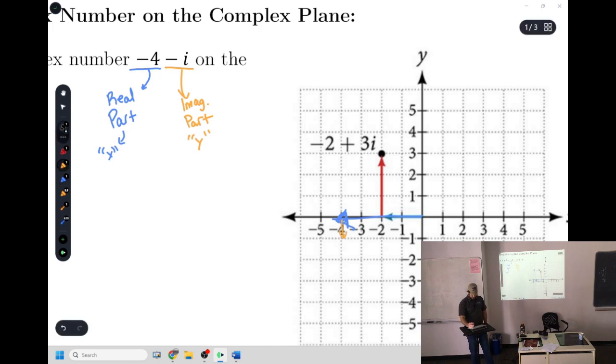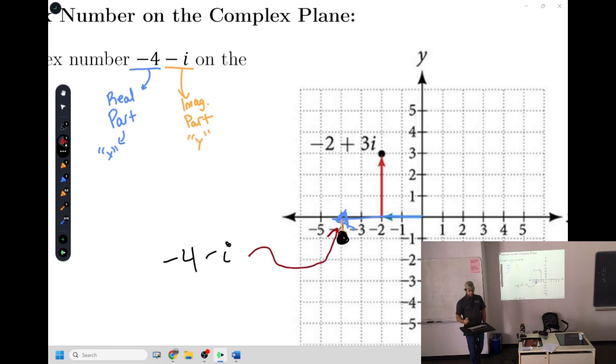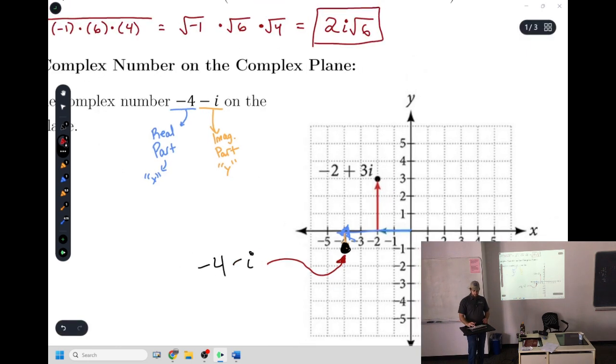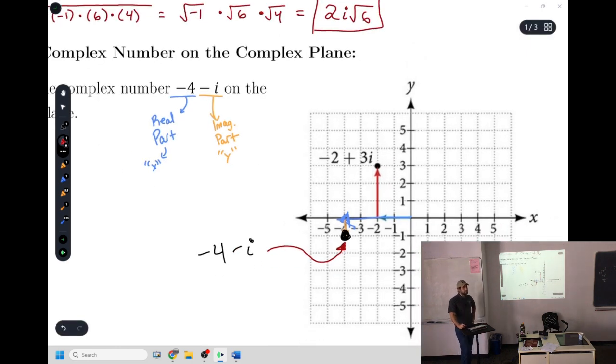Down 1? That is -4 minus i plotted on the imaginary plane. Cool.